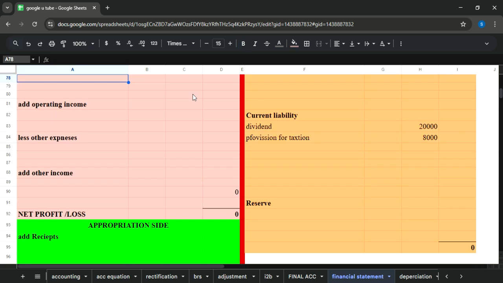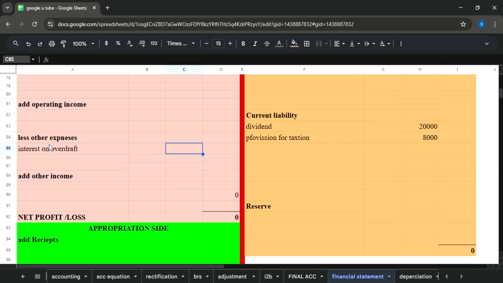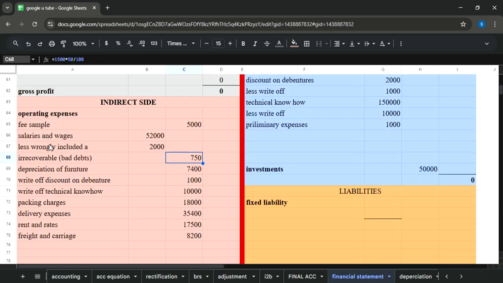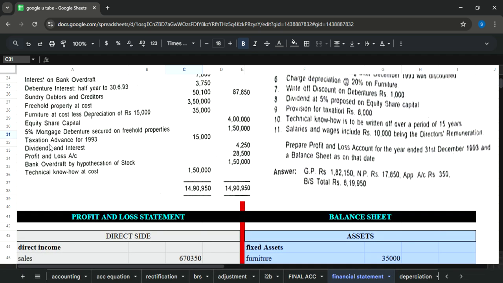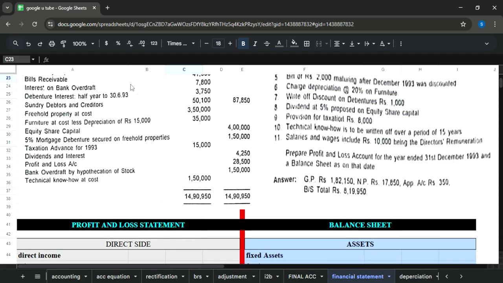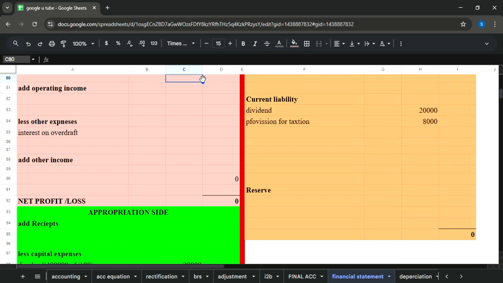So let's go to other expense side. Interest on overdraft would be mentioned, and be very careful in looking at the amount, because one up we will have to go. So this is the angle, 7,800 is amount of interest put on expense side.